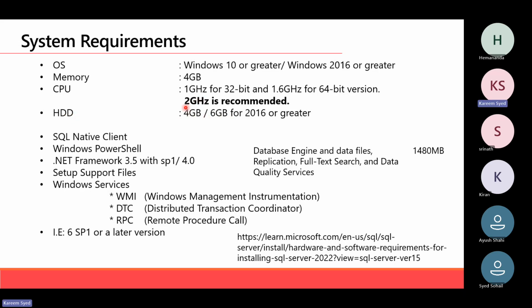Hard disk: up to the 2014 version, we need up to 4 GB of hard disk space. But from 2016 onwards, 6 GB. Once again, remember 6 GB is for complete installation.